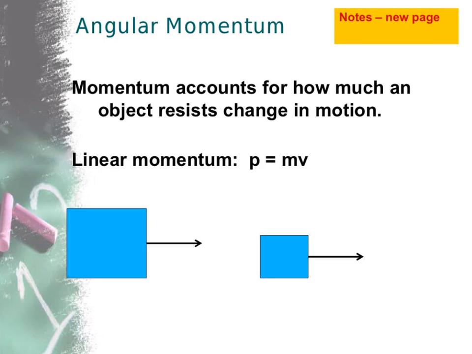And it turns out that it's the big box on the left, and we found out that the way to quantify that resistance to change in its motion, as well as its motion itself, is by using momentum, which is P equals mv.